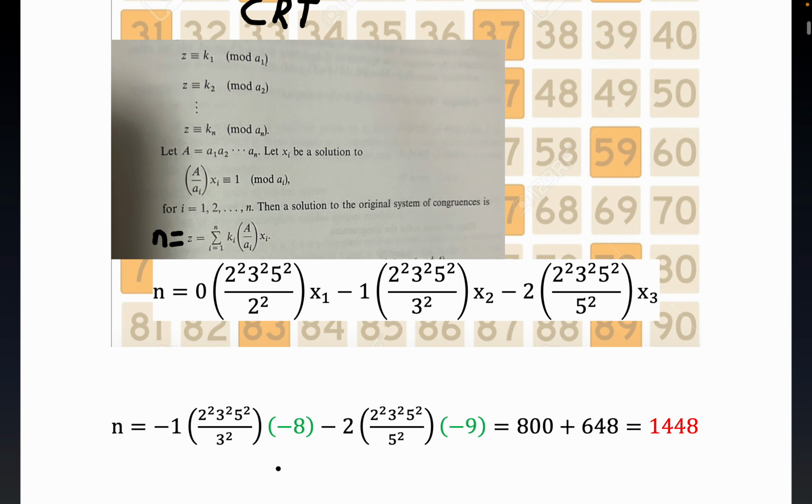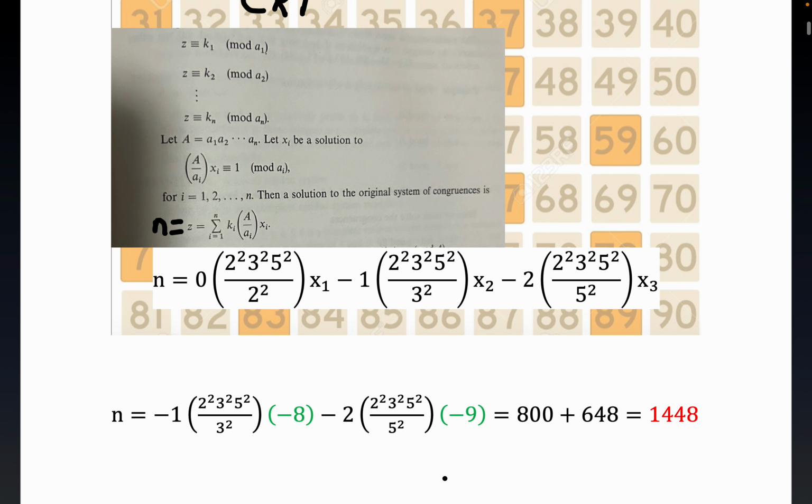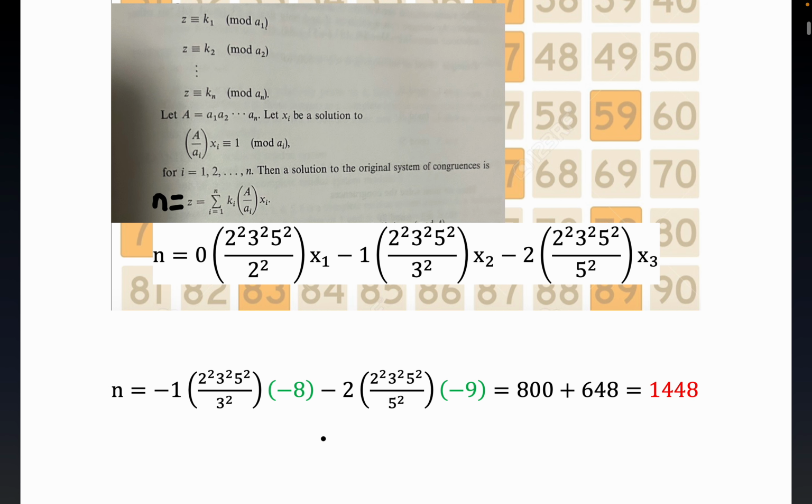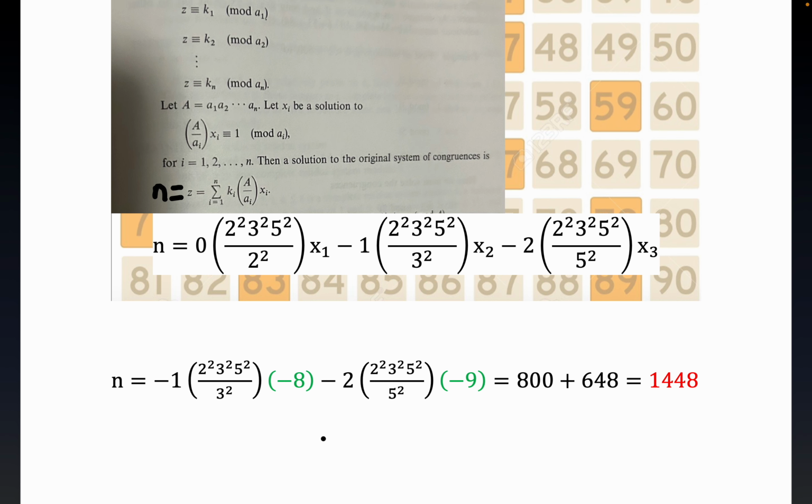All right, so I did as much work as I could right here. Notice I left the 0 part out, and this -1 you see here is this -1, this -2 is this -2. And all I'm going to do is just show you how I found the arithmetic inverse. Mind you, we're looking for 4-digit numbers. So the way I found this was just to write down 100 times x sub 2.